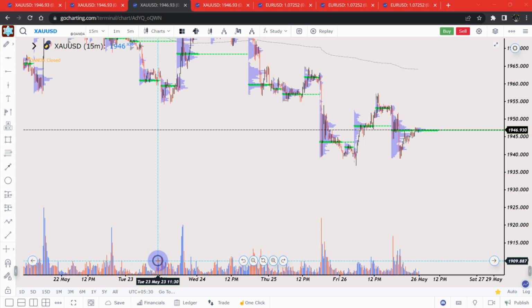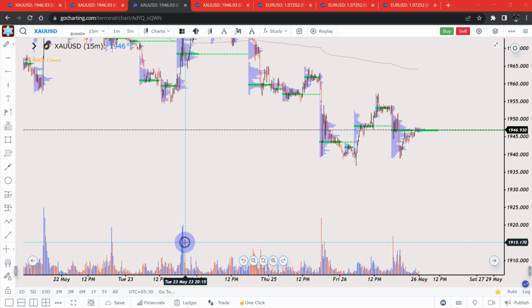So you will have an idea that the volumes start picking up from here, and this is the time when both sessions are open, the UK as well as New York. Obviously the volumes are the highest at this point in time, and the moves that emanate from these high volume zones are generally going to be our datum line for forex.